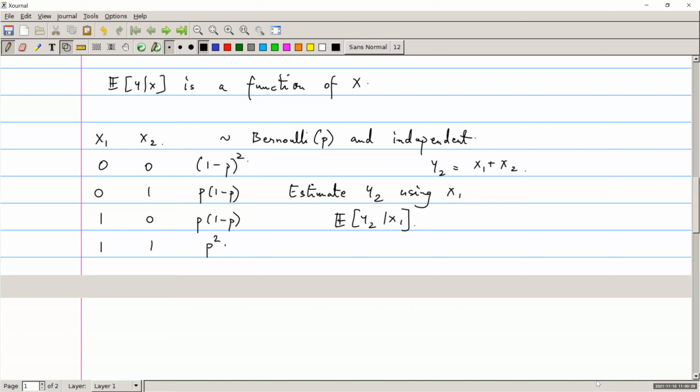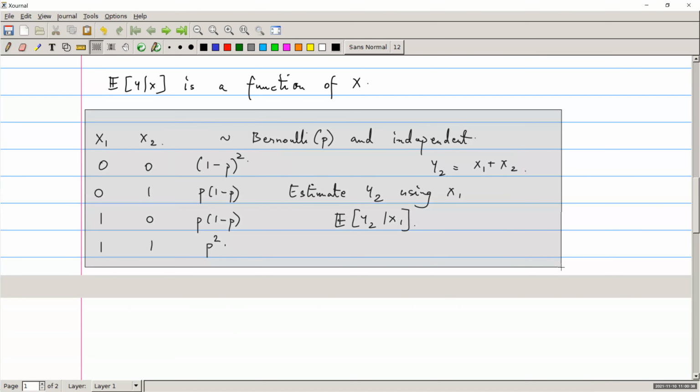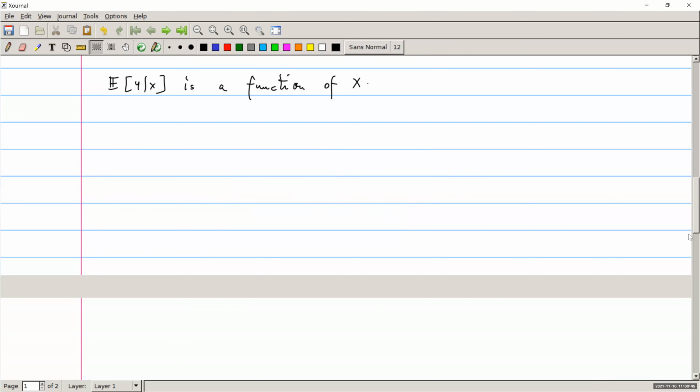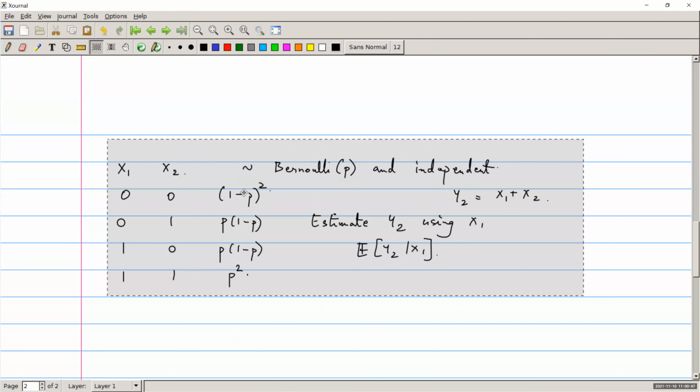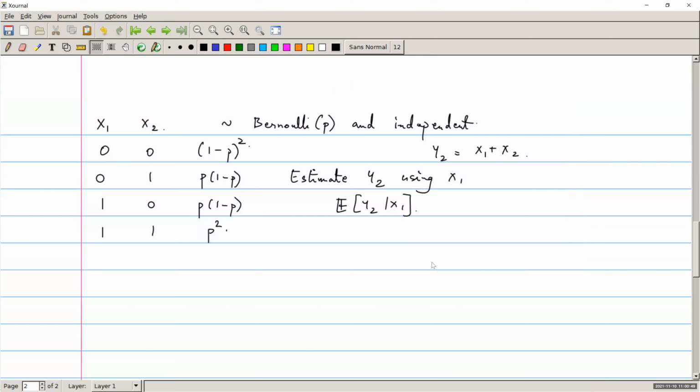This is what we are trying to compute. I'll move this to the next page so I can write these. We are going to compute this conditional expectation. Tell me the values of y2 for every point in the universe.